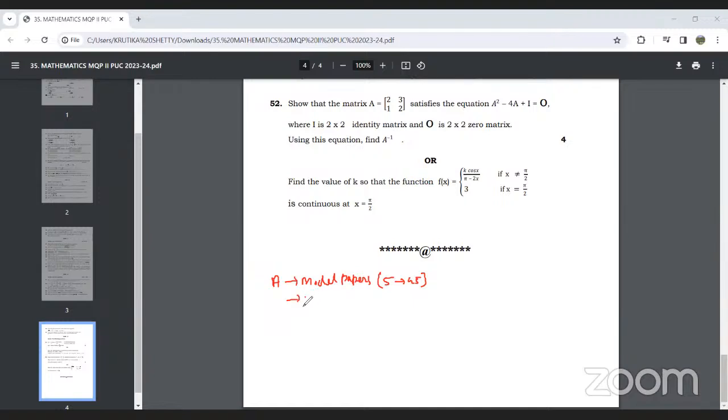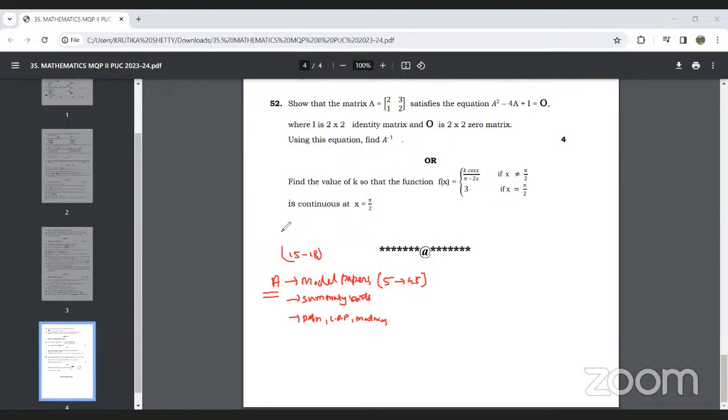And then practice all the summary points and the definitions: the definition of vectors, the definition of LPP, and the definition of matrices. If you do this, out of 20 marks in part A, you can score at least 15 to 18 marks.